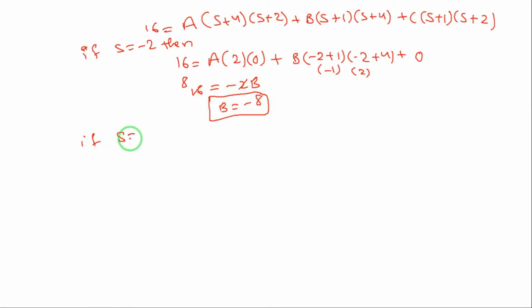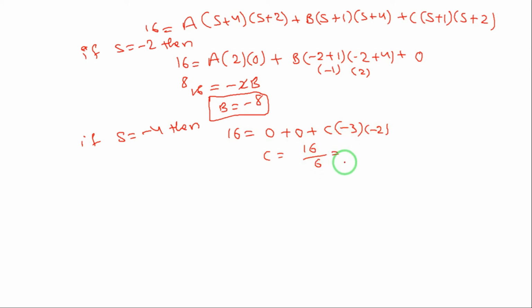Next, if s is equal to minus 4, 16 is equal to 0 plus 0 plus c into minus 4 plus 1, which is minus 3, times minus 4 plus 2, which is minus 2. So c is equal to 16 divided by 6, which is 8 by 3.